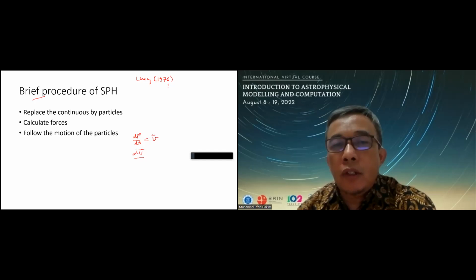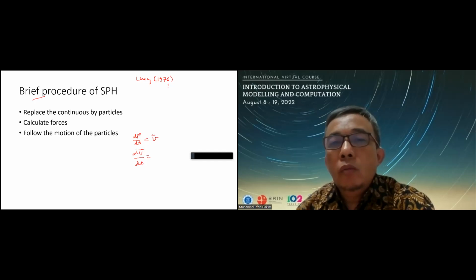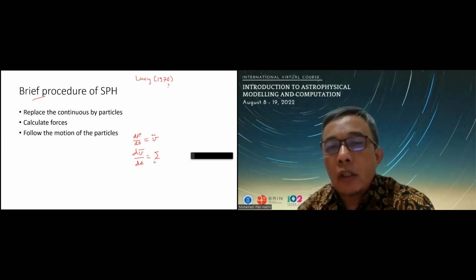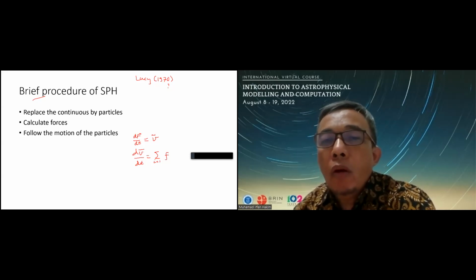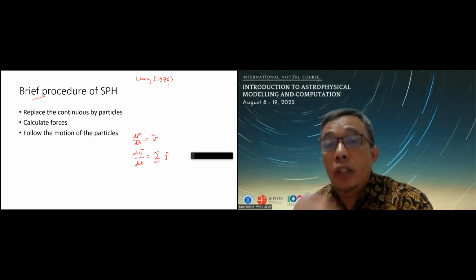And the next differential equation here, grad velocity, which is a summation, sum over, for example, index, force here. Of course, this is force per volume, maybe. This is acceleration indeed.